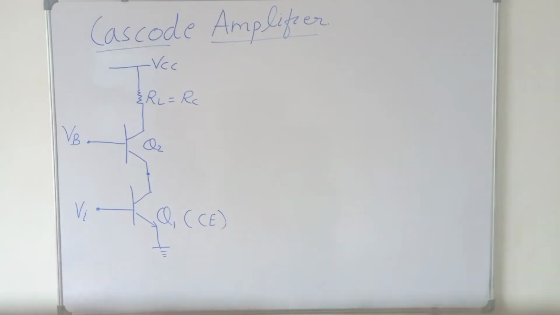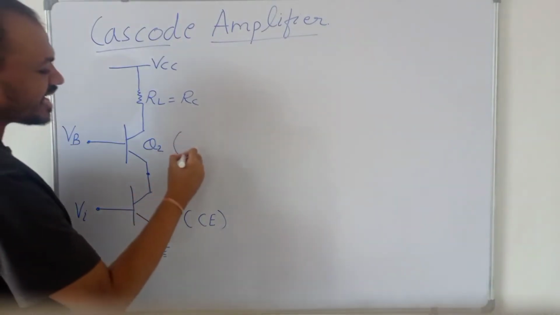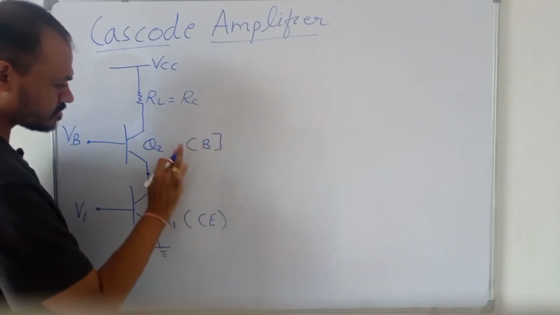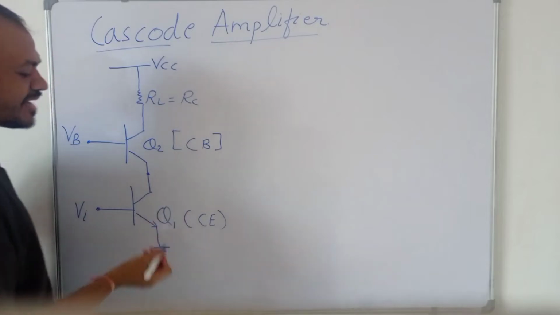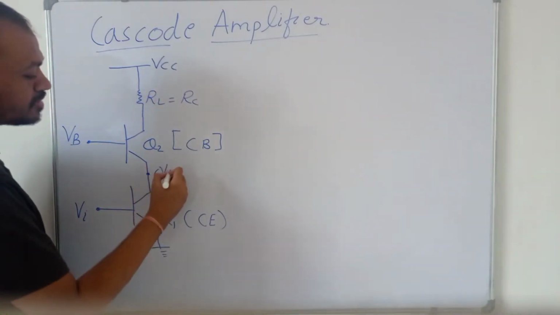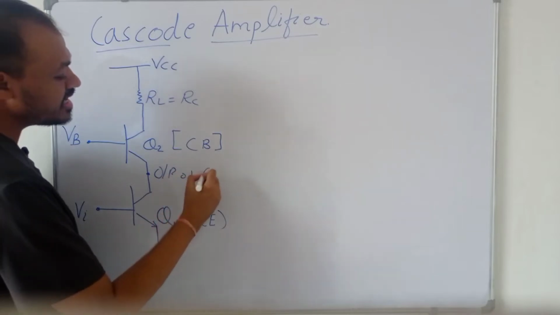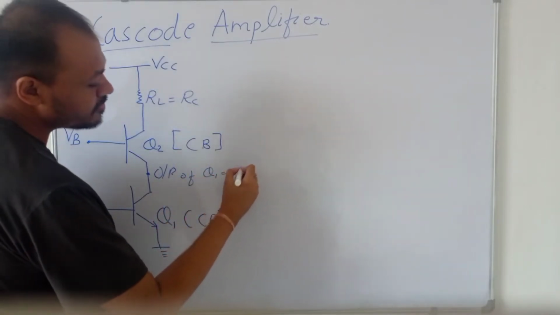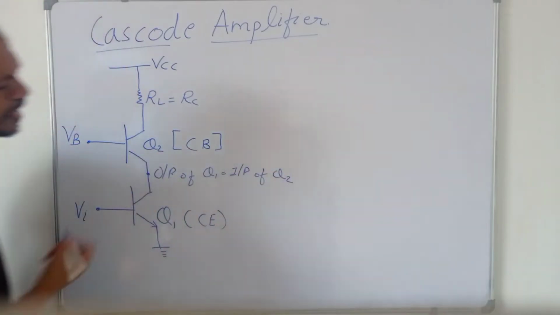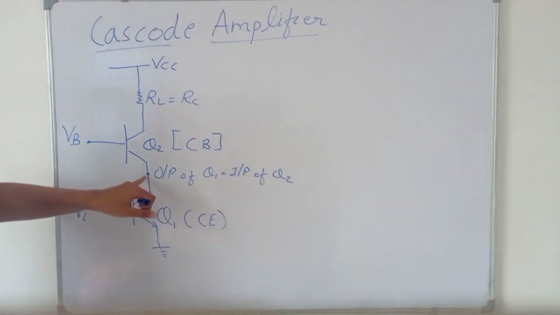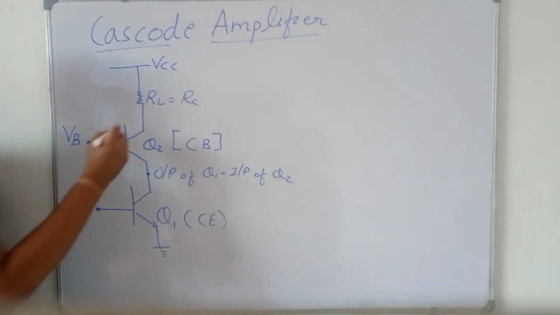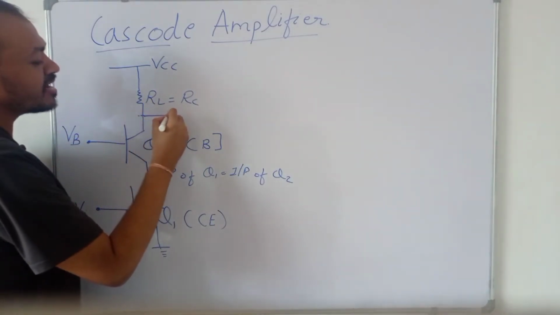So it consists of a common emitter stage and this is a common base stage. Common emitter and common base. So you can see output of Q1 is equal to input of Q2. So in the common base stage, input is from the common emitter and output is from the collector.